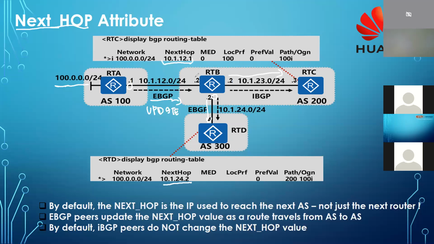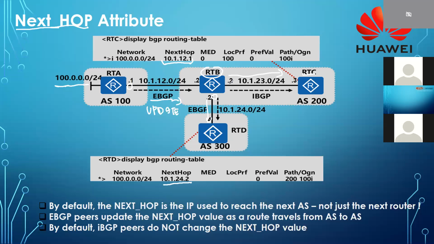So in this case, there is an option to say to RTB: when you send the update to RTC, please change the next hop to your interface. There is a command so that when RTB sends the update to RTC, RTB will make the next hop its own interface.